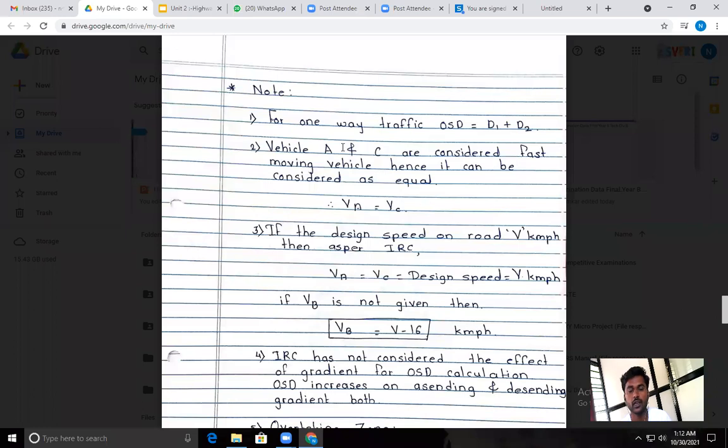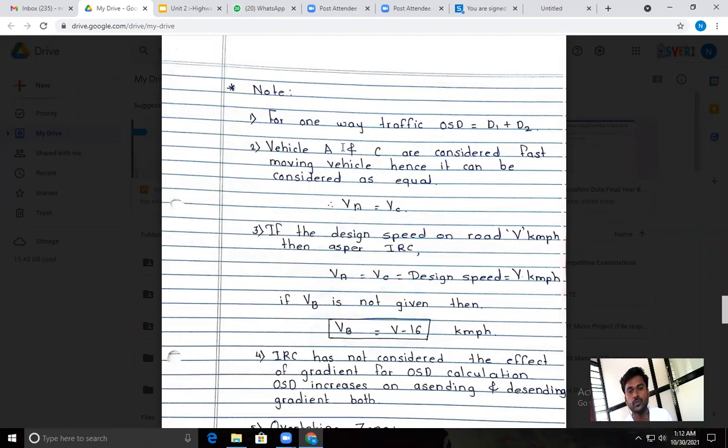If there is two-way traffic, vehicle C might come from the other lane. But if there is one-way traffic, there will not be any vehicle C coming from the other direction. So there will not be distance D3. So when the traffic is one way, OSD is equal to D1 plus D2. We will not take D3.